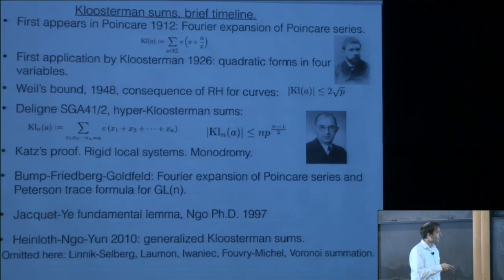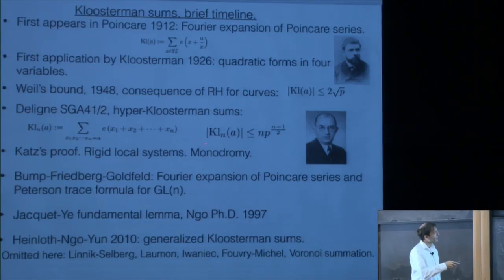There is a geometric understanding by Ngô. And most important for me would be the latest development in 2010, that you can think about this object as attached to GL_n. And very recently, it's been generalized to other groups by these three people, Heinloth, Ngô and Yun. Actually, I did this work at the Institute in 2010 when I was also a member at that time.